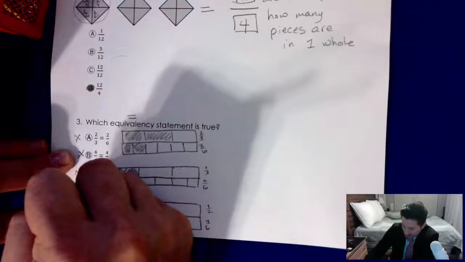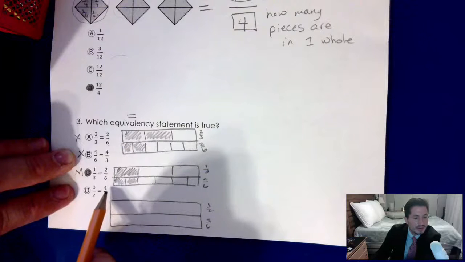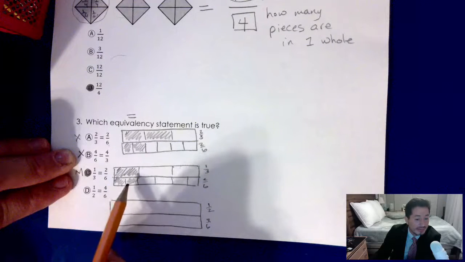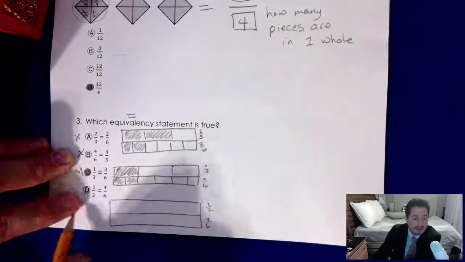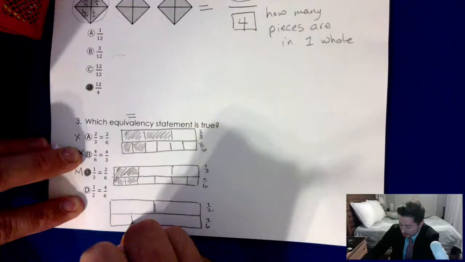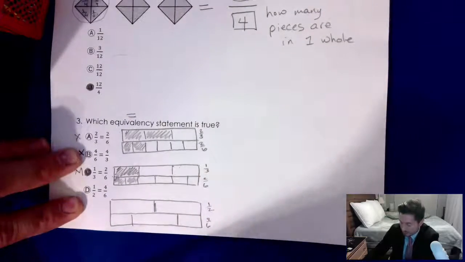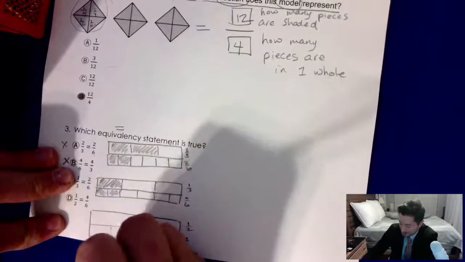And this is not a multi-select problem, so I'm pretty sure that C is the right answer. But just because I found the right answer doesn't mean I couldn't have made a mistake. So I'm going to do D, and if that one's right as well, then I might have made a mistake. So 1/2, and then 4/6. 1, 2, 3, 4, 5, 6.